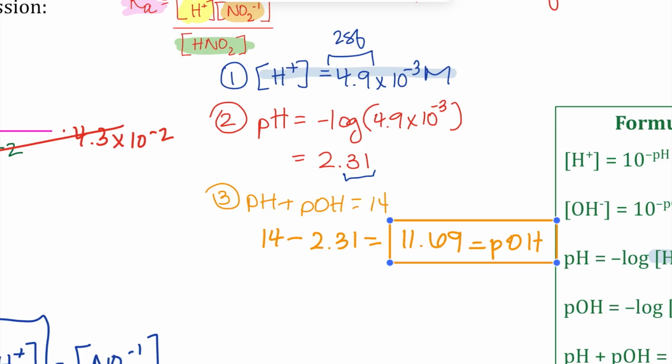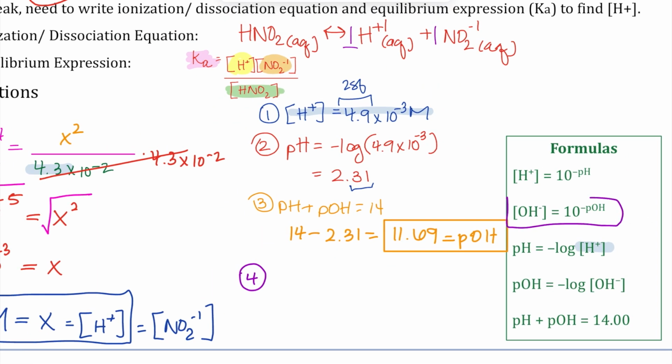And then our last step would be, well, now I have my pOH, I can find my OH, hydroxide ion concentration. So 10 to the negative 11.69, and that's going to give us, we're going back, we still have 2 sig figs, but now my sig figs are all of my digits, 2.0 times 10 to the negative 12 molar.